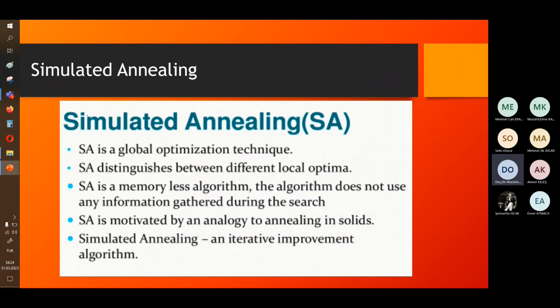The next algorithm is simulated annealing. Annealing is a process of melting down metals and making the metal atoms float. The metal is in liquid form, and the atoms will be swimming all around freely with an energy level.